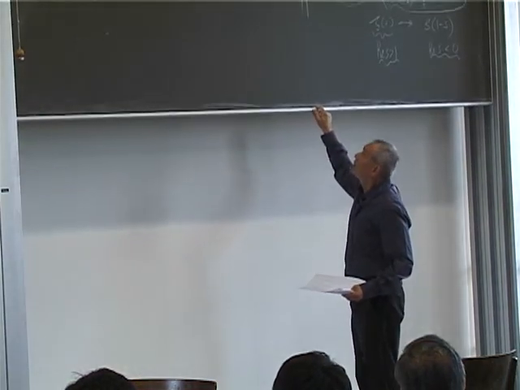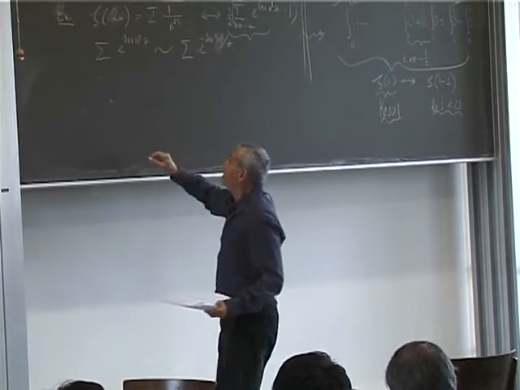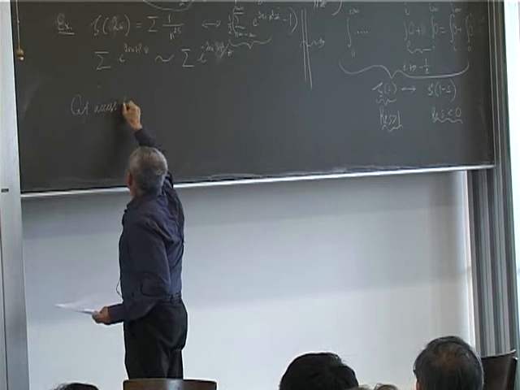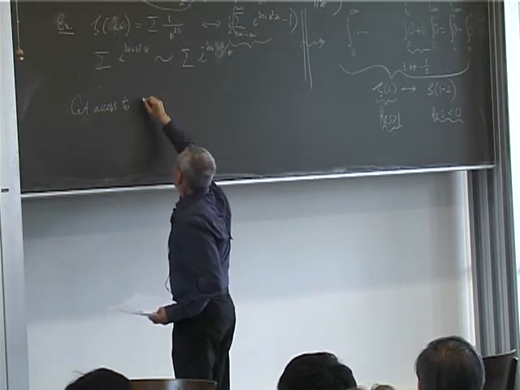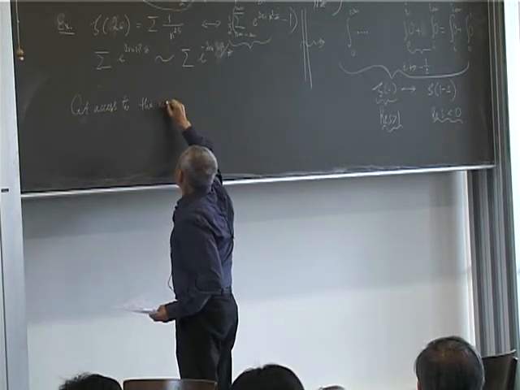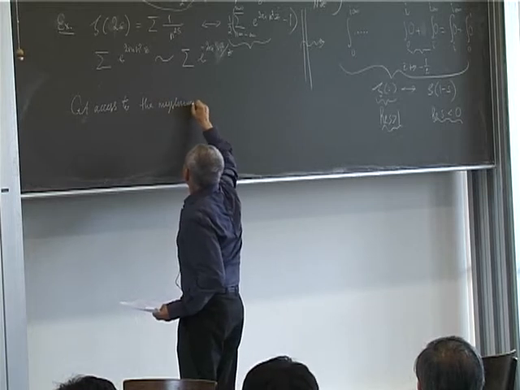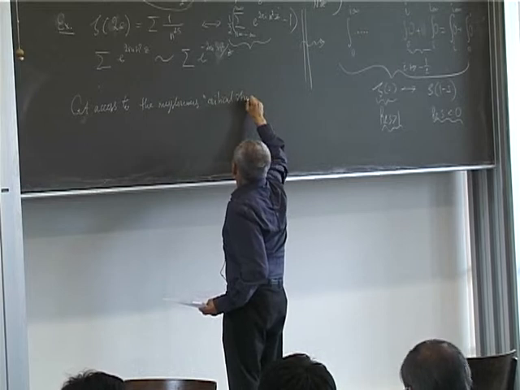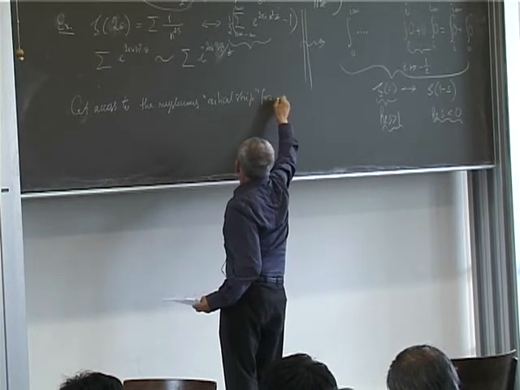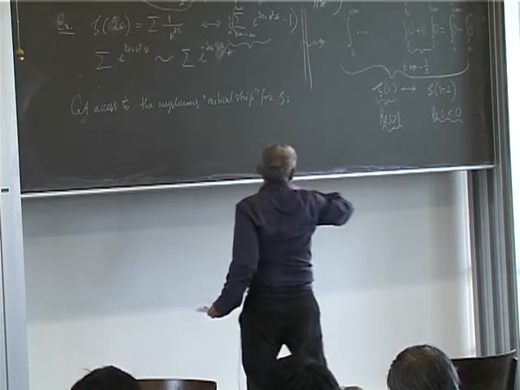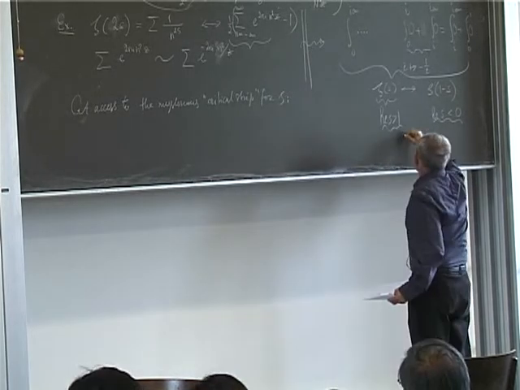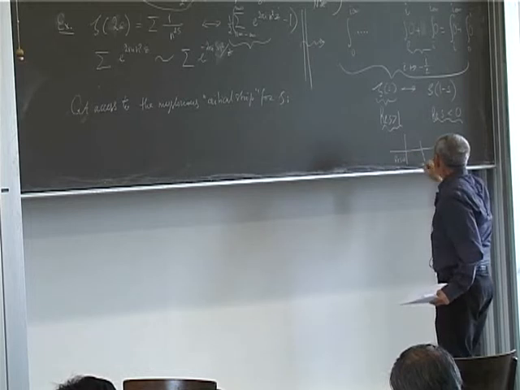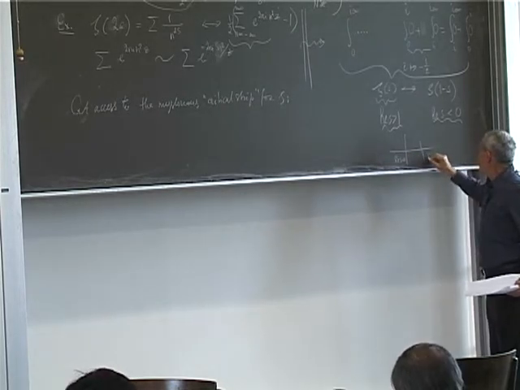And then, of course, you get access to the mysterious critical strip for zeta, which is what happens in between real part of s equals 0 and real part of s equals 1.